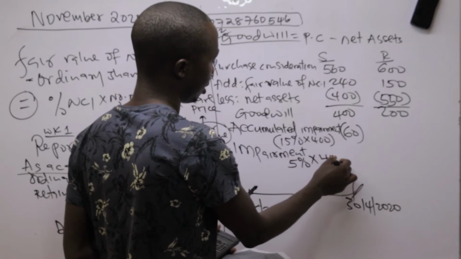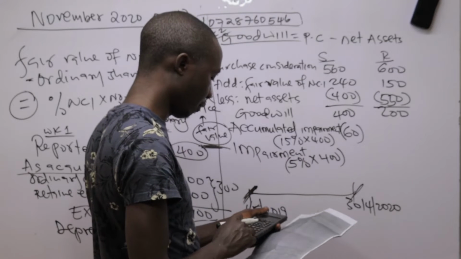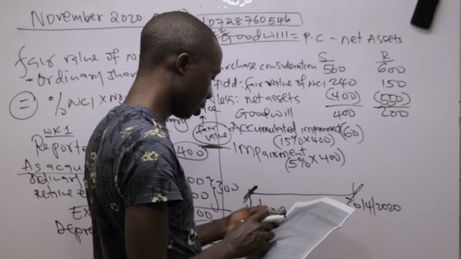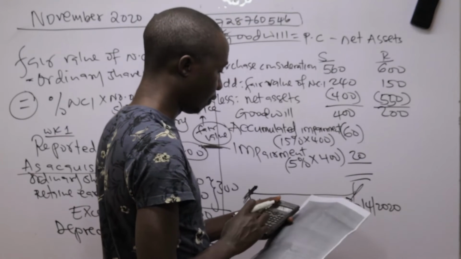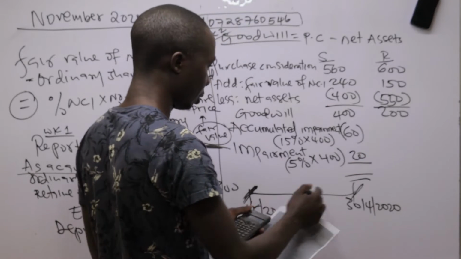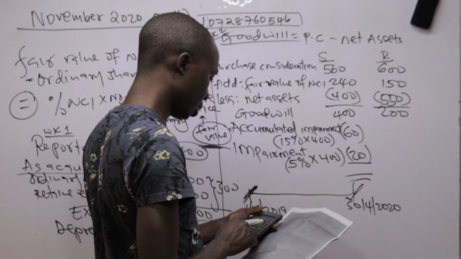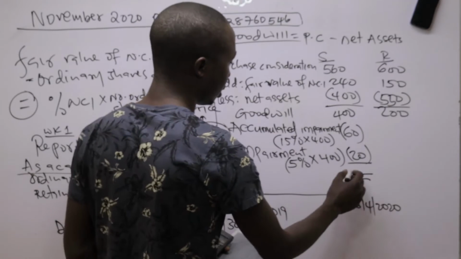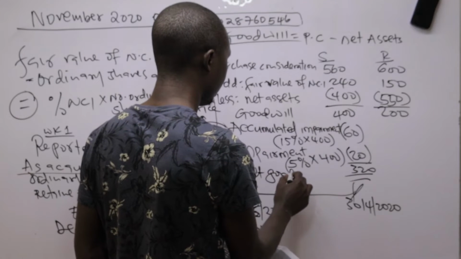Original value is 400. So 0.05 times 400, this is 20. So meaning that 400 minus 80, so these are 80. 400 minus 80, that is 320. 320 is my net goodwill.